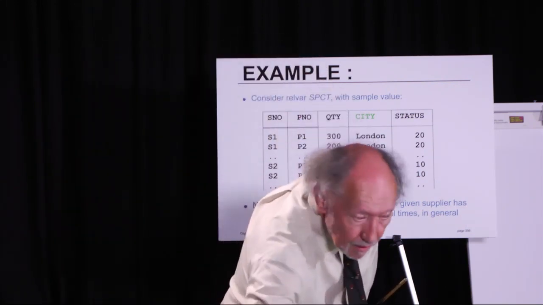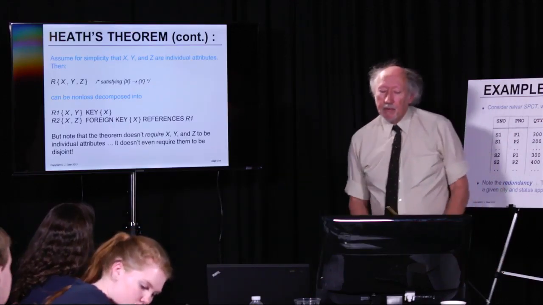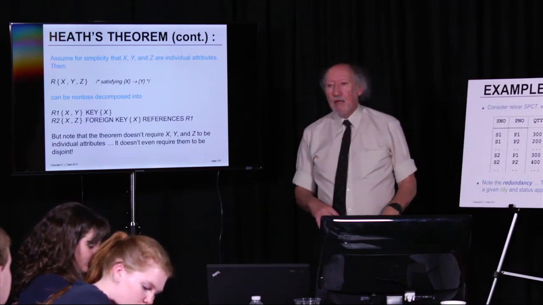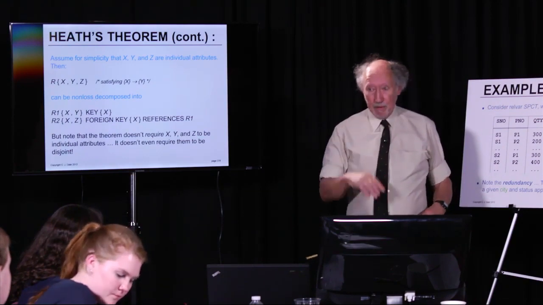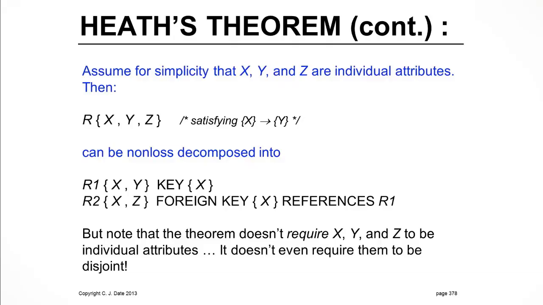Now, let me just elaborate briefly on this. Let's assume for simplicity that X and Y and Z here are single attributes. Now, Heath's theorem does not say that. They just had to be subsets of the heading. But suppose we're talking about degree 3.